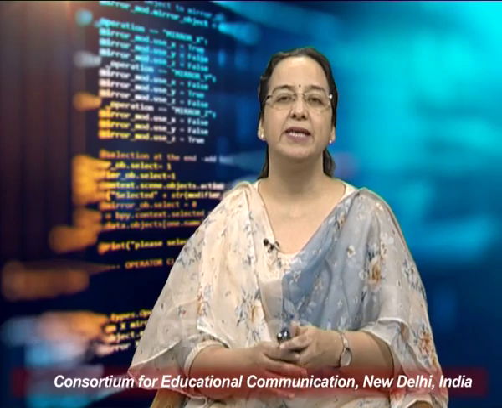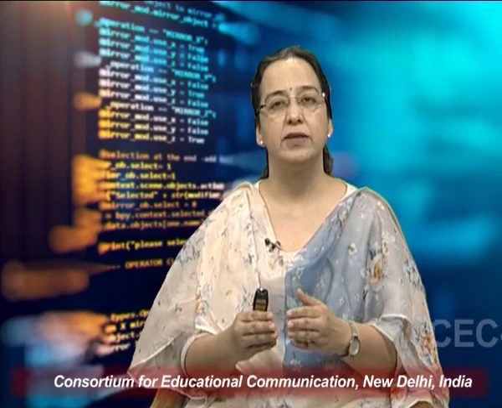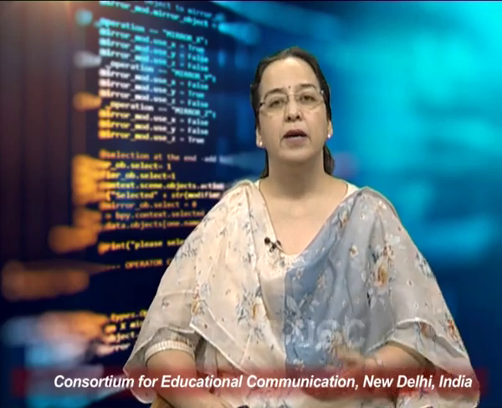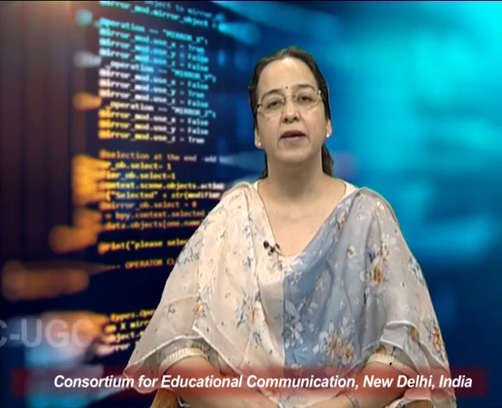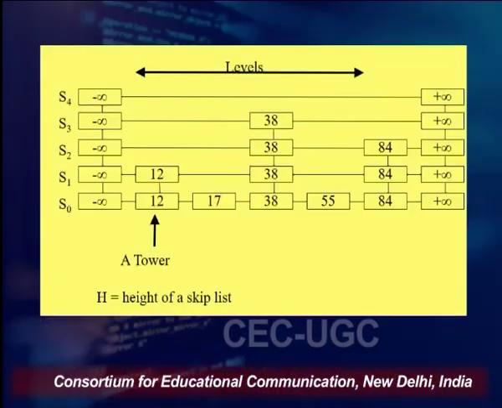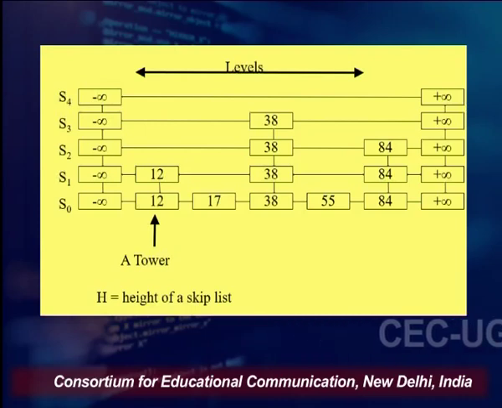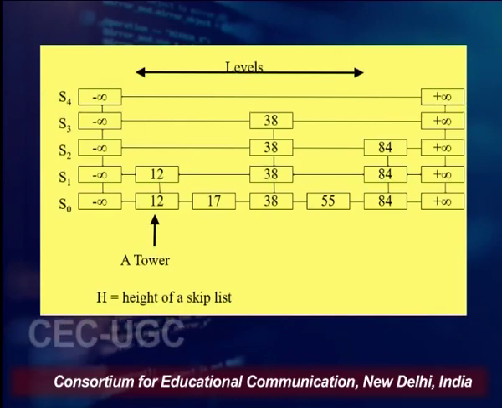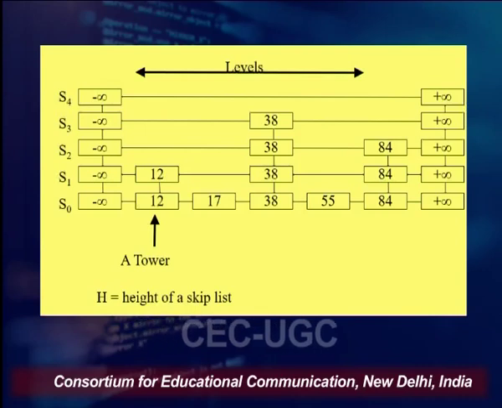A skip list is implemented in the form of different levels, where h represents the height of the skip list. The structure is available on the screen. Here we have the levels from S0 to S4. S0 has all the elements of the skip list in sorted order.